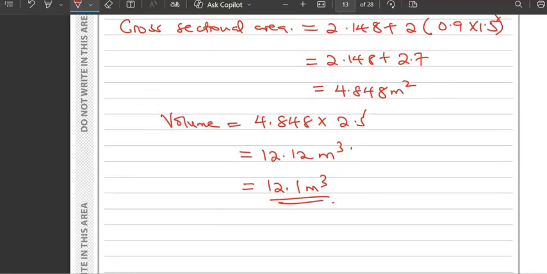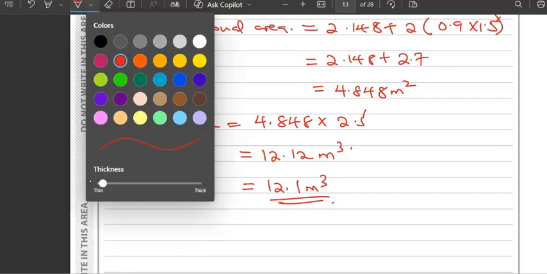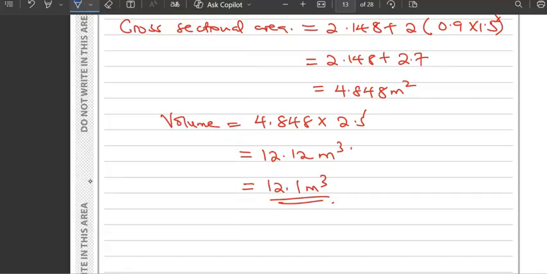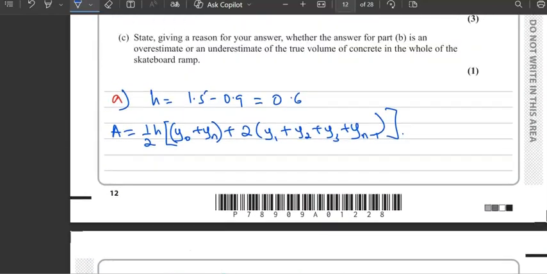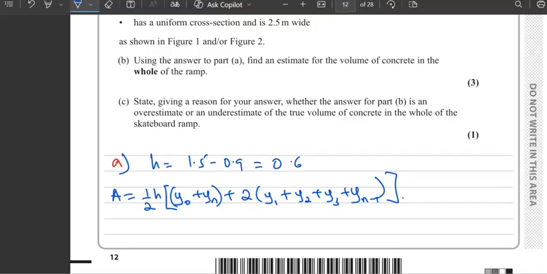The volume as required. Now, we can also consider the last part C, and the last part C says that state, giving a reason for your answer, whether the answer for part B is an overestimate or an underestimate of the true volume of concrete in the whole of the skateboard ramp. Now, what are we supposed to do in this case?